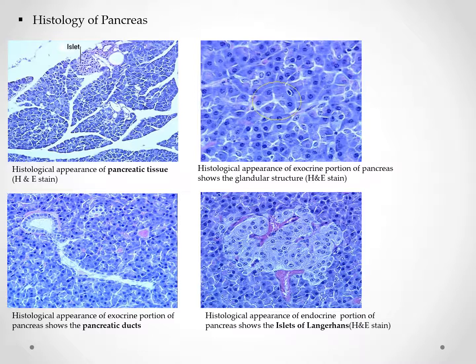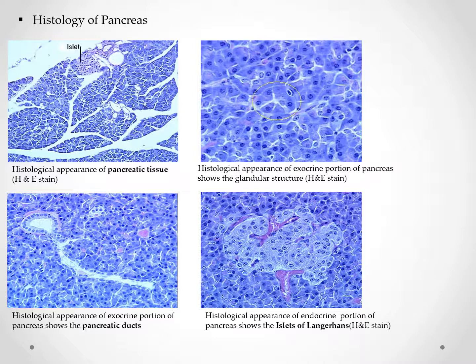Another part here, which is a faint blue color, is called the islet of Langerhans. This is the endocrine part of the pancreas, which is responsible for the release and secretion of several hormones into the circulation. The pancreas is surrounded by a thin layer of connective tissue, as shown here.